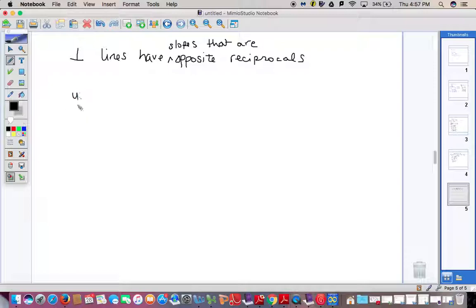So if you're given the equation y equals 2/3 x minus 6, and you're asked to give me a line that's perpendicular to that through the ordered pair of 1, 8, you would let 1 be your x1 and 8 be your y1, and you would say, okay, my given slope is 2/3. The opposite of that is negative, and the reciprocal of 2/3 is 3/2. So my new slope would be this one.